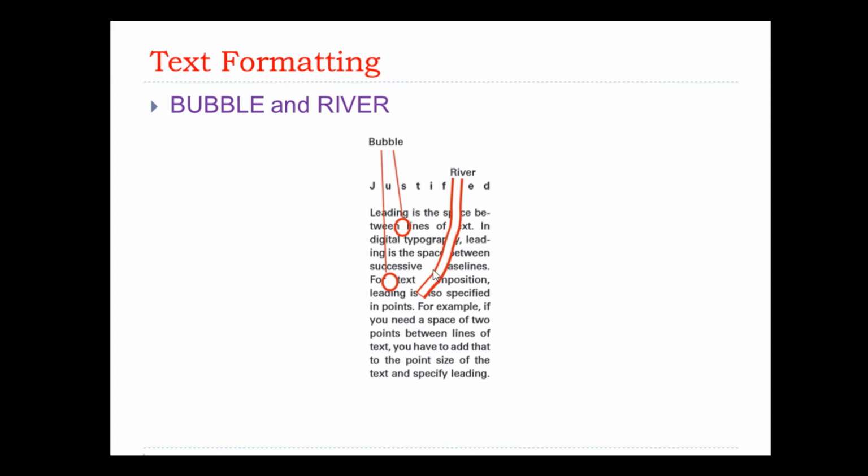It also causes discomfort to the readers. So bubble and river refer to two inappropriate white spaces. Bubble corresponds to an unwanted white space which appears between words, and river refers to a series of white spaces which is appearing across a paragraph.